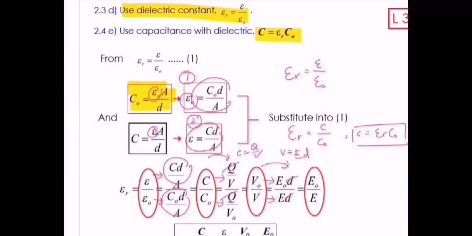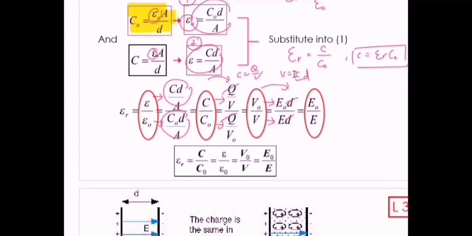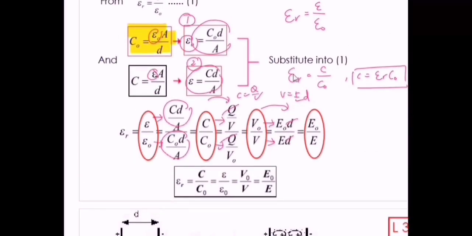If it's V naught, it will be E naught D. The distance between the plates is constant, so we can cancel off and we get E naught over E. So finally, we have a few ways to calculate the relative permittivity, which is C over C naught, or we can also use epsilon over epsilon naught, V naught over V, or E naught over E. These are the capacitance, permittivity, potential difference, and electric field.